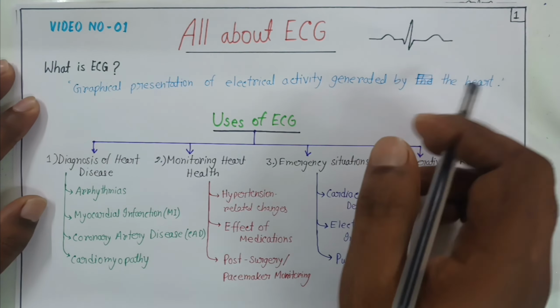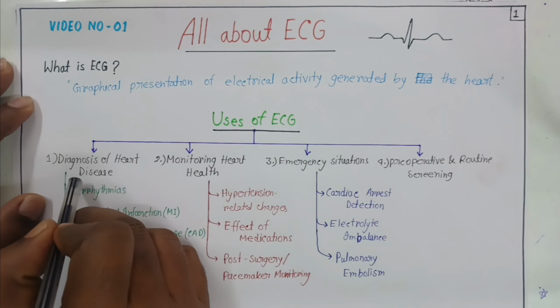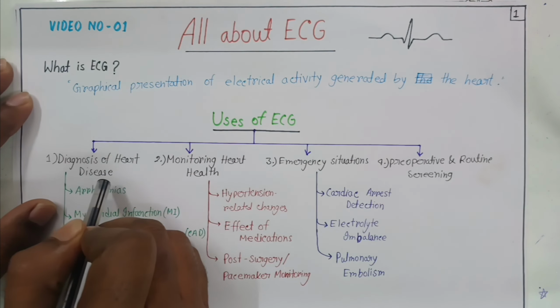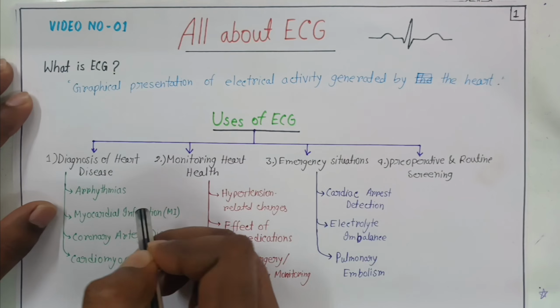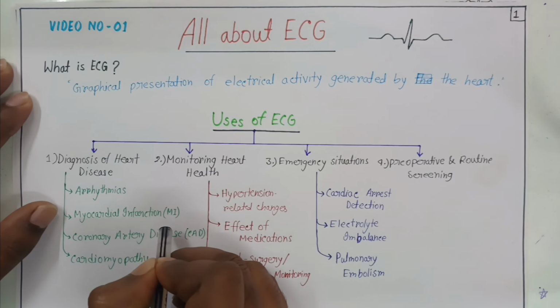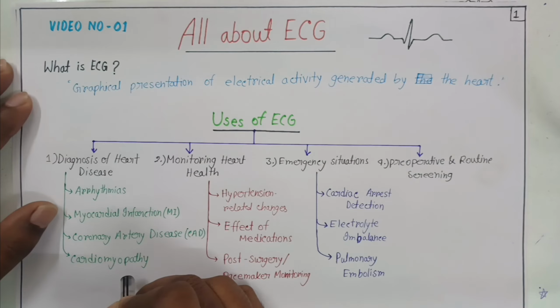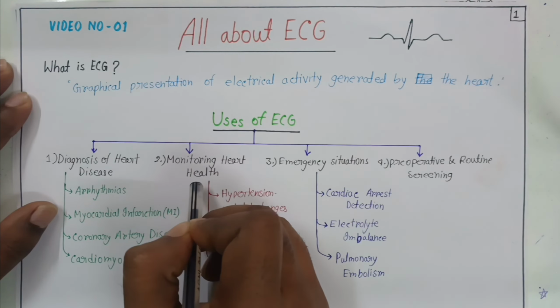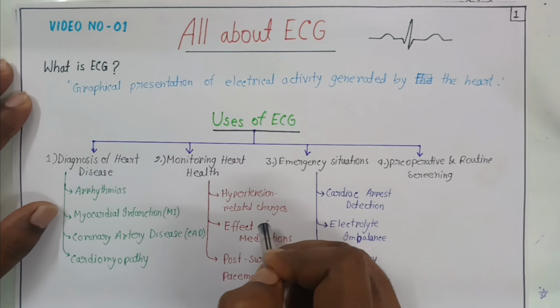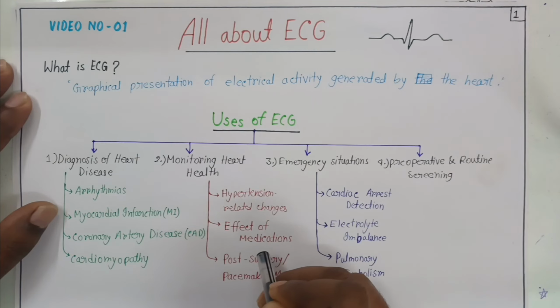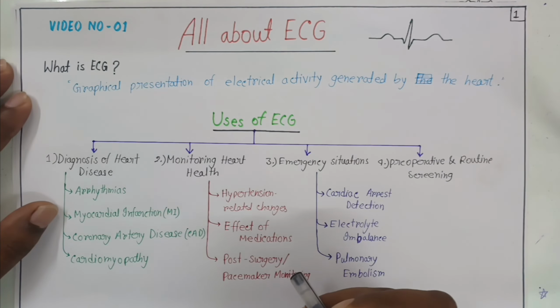So what are the uses of ECG? Number one, diagnosis of heart disease like arrhythmias, myocardial infarction, coronary artery disease, and cardiomyopathy. Number two, monitoring heart health like hypertension related changes, effect of medications, post surgery, or pacemaker monitoring can be done with the help of ECG.